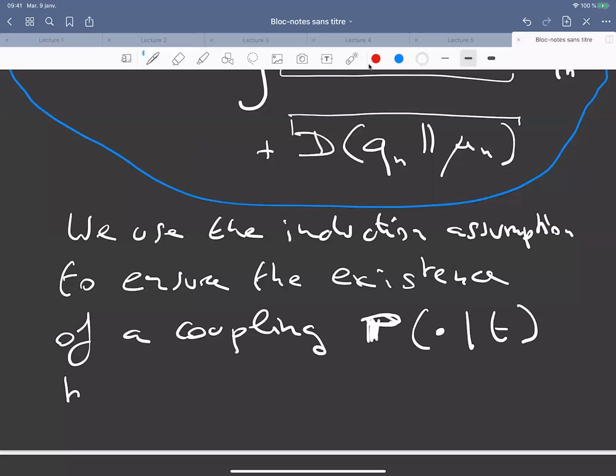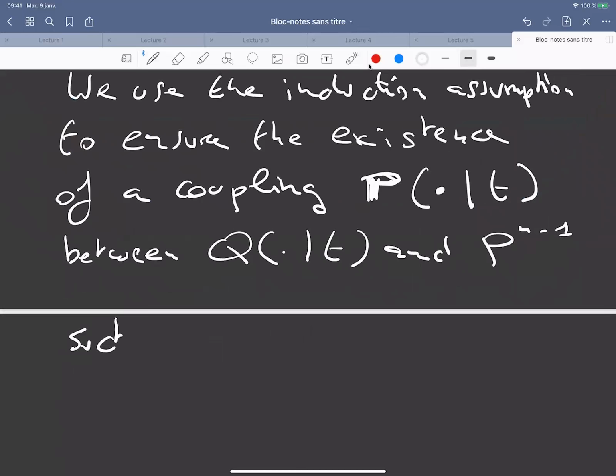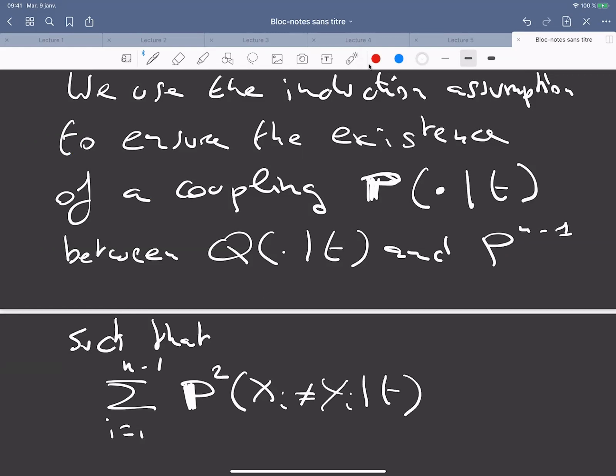And it's a coupling between Q given T that has been defined before and Pn minus 1, such that the sum between 1 and n minus 1 of the bold P square xi different from yi given T is less than the relative entropy between Q given T and Pn minus 1 over 2.